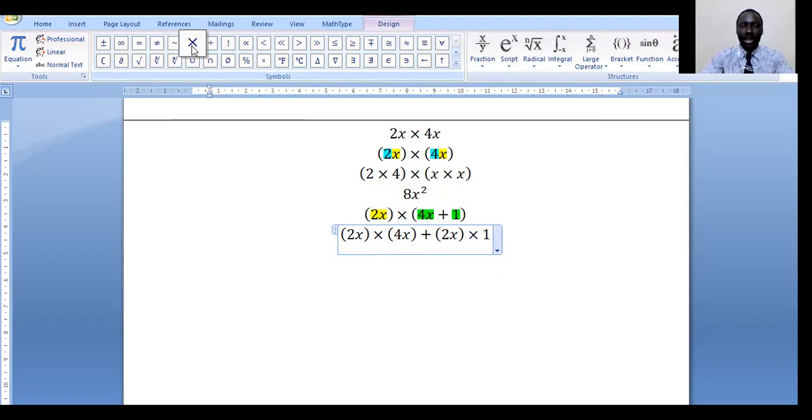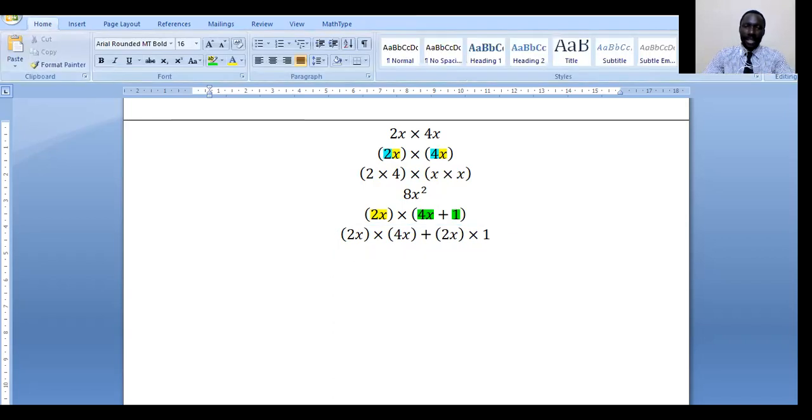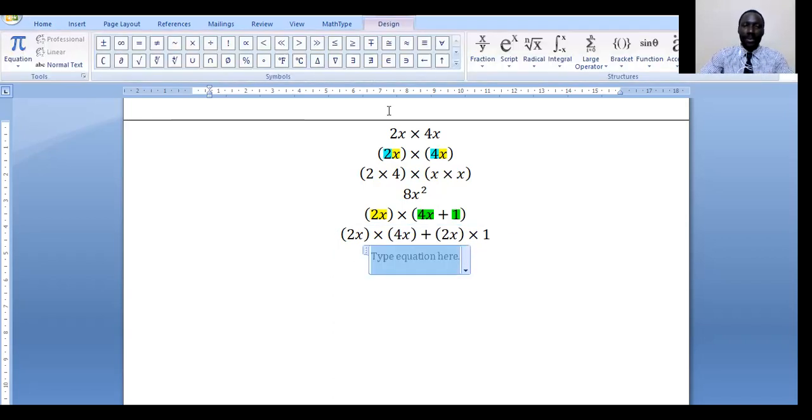You see how we break it down? Well, in this case, the next step will give us exactly what we already had up here, which is going to be 8x squared for the first 2x and the 4x. So we are going to be having 8x squared.